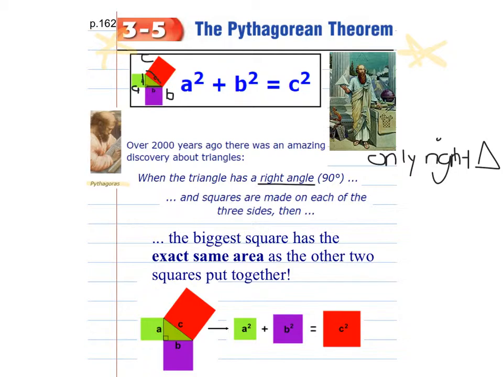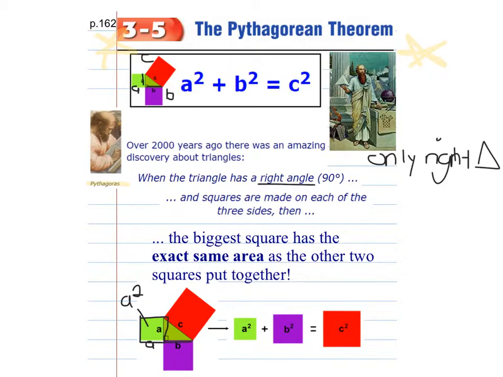If I do that, then the biggest square, in our case C, has the exact same area as the other two squares put together. If I found the area of this square, a times a, I would get a squared.